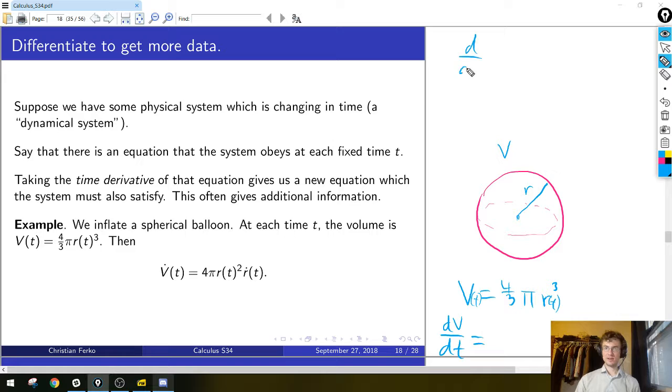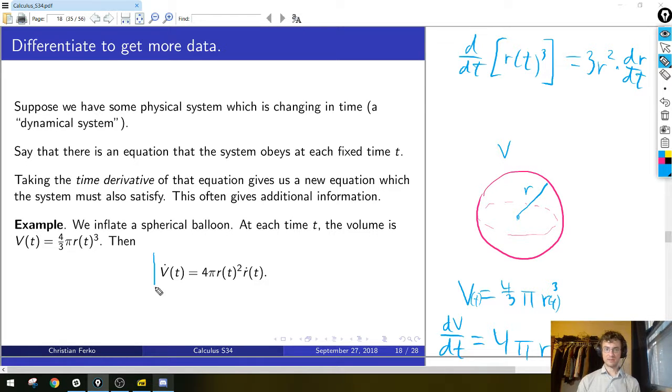Just to be explicit, the time derivative of r(t) cubed, by the chain rule: the outer function is something cubed, so the derivative is 3 times that thing squared, and the derivative of the inner function is just dr/dt. So when I use that in this equation, the 3's cancel, and I get 4 pi r squared dr/dt.